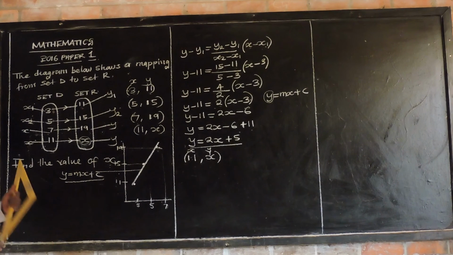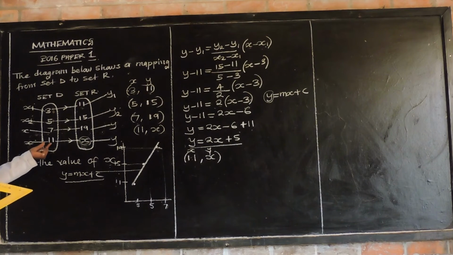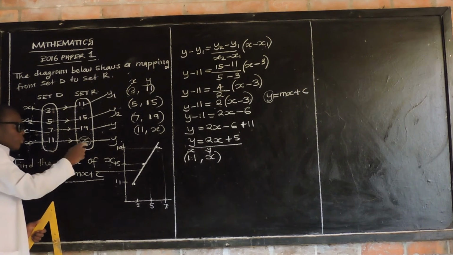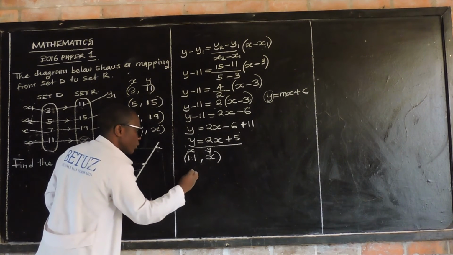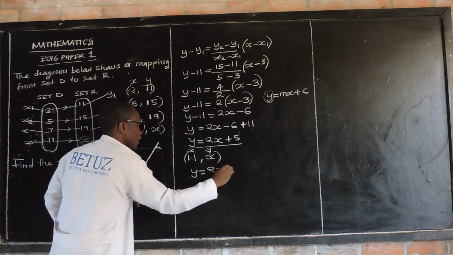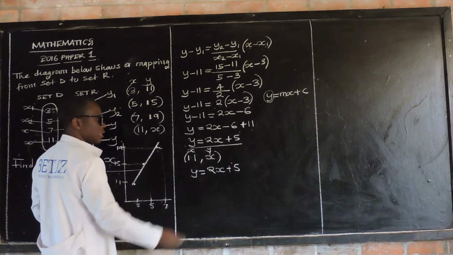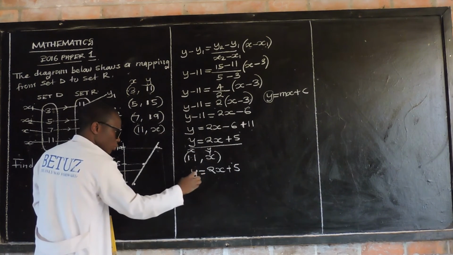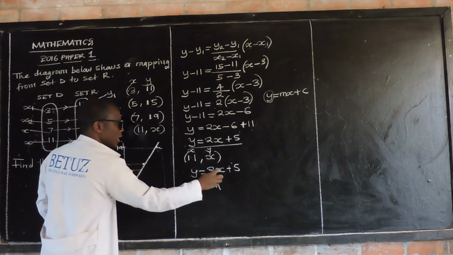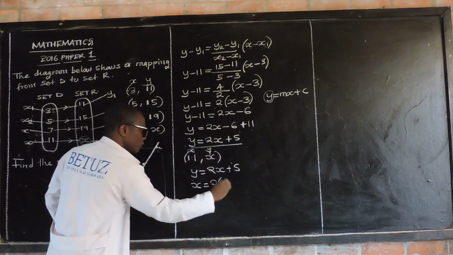So what we're going to do is, where there is x in our equation, we're going to put 11, and where there is y, we're going to put x. So this is our equation: y is equal to 2x plus 5. Where there is y, you put x, and where there is x, you just put 11.